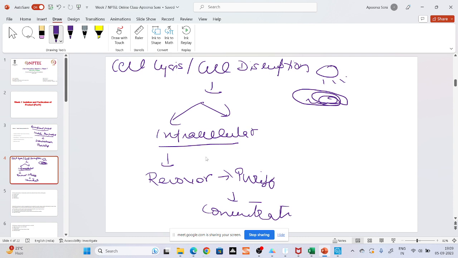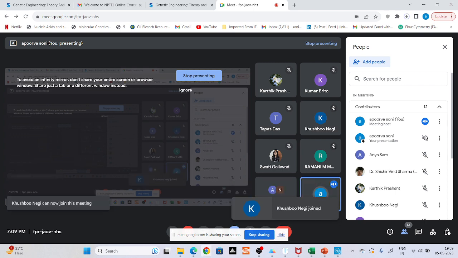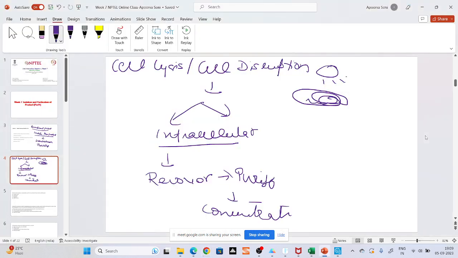But in general, you have a cell. First, if the product is intracellular, you have to lyse it so that everything inside it comes out. Then you have to recover your protein of interest, purify the particular thing that you want, and then concentrate it, and then do further purification or whatever steps are there.